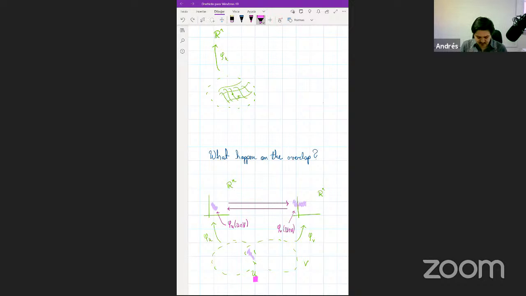So remember, U is open, V is open. Let's assume that U and V intersect. That means that this is an open set of U and an open set of V. Under the homeomorphism, this is mapped to an open set here.